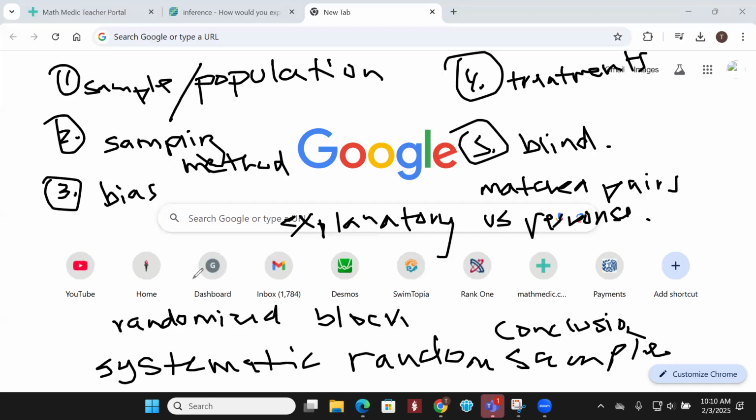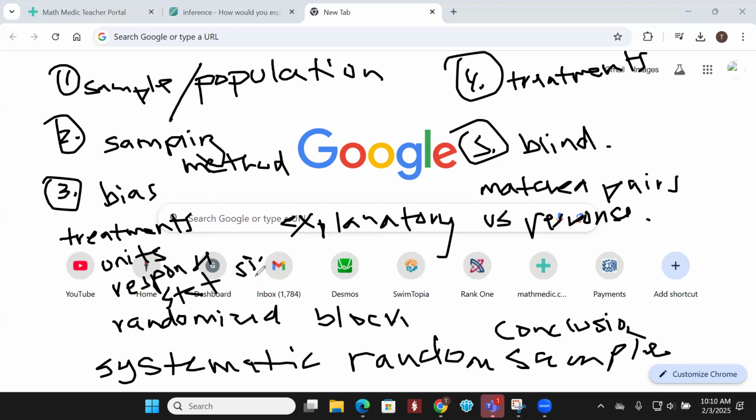So treatments, experimental units, response variable, and then statistically significant. Look at that awful handwriting. So sample and population, be able to identify it.